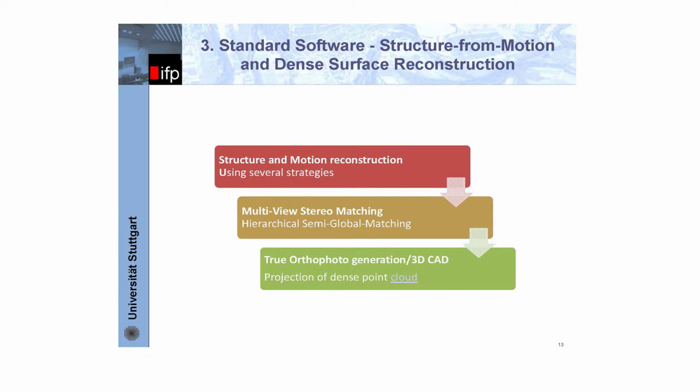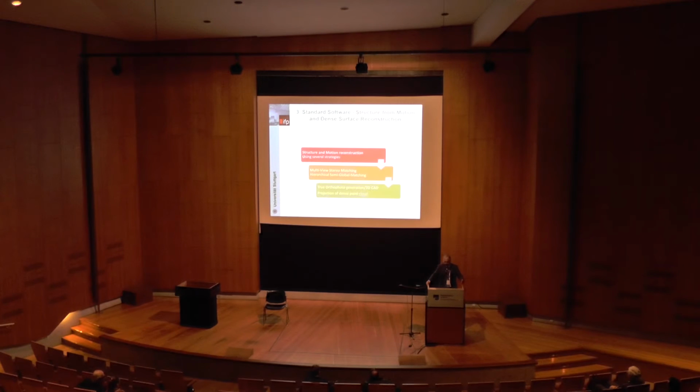So if we have the calibration and, for example, the pose estimation, then we can go into multi-view stereo matching. We can do it hierarchically by semi-global matching, but in Stuttgart we use multi-view stereo matching, and finally we get a very dense point cloud which can be used for true orthophoto generation and 3D CAD.